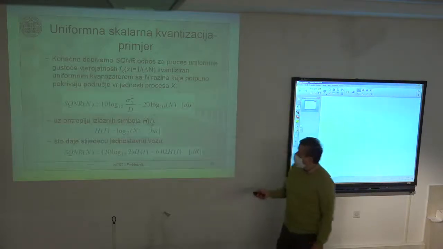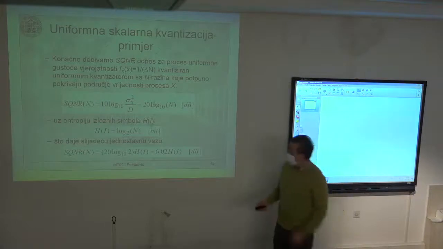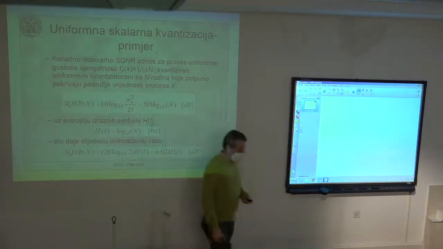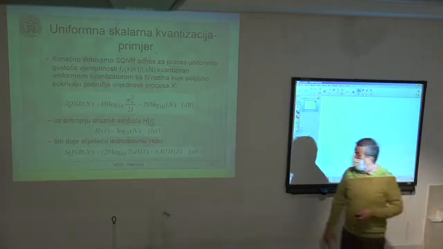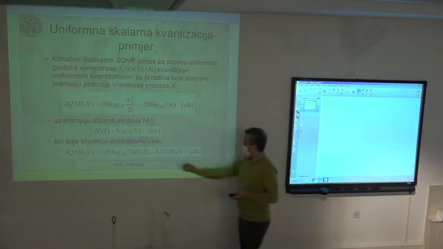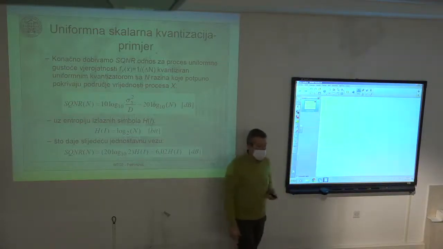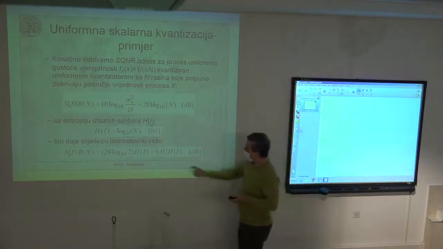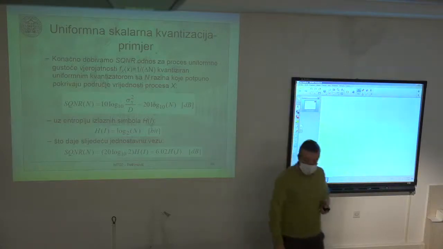This final equation was a very simple linear equation that says that the quality in decibels and the rate, or the entropy of the output indices of the quantizer, are linearly related with a slope of 6.02 decibels per bit. So for each bit of entropy, I gain 6 decibels of quality.